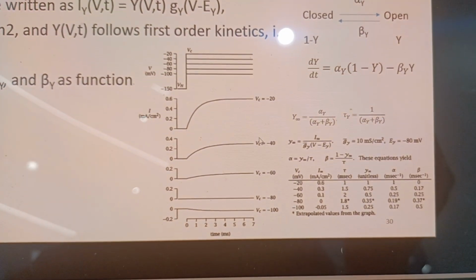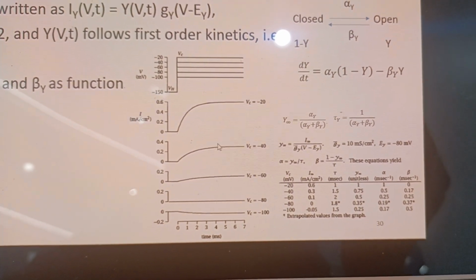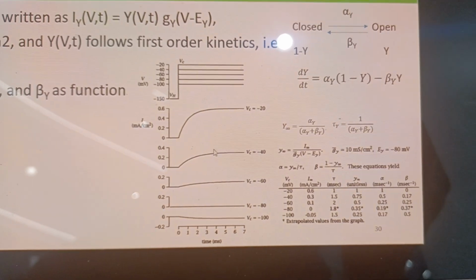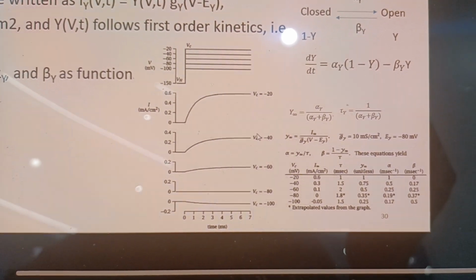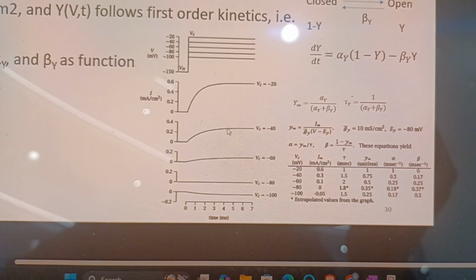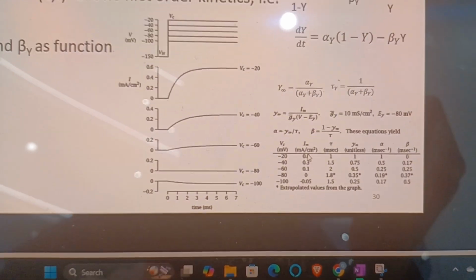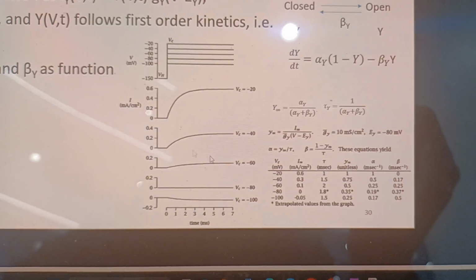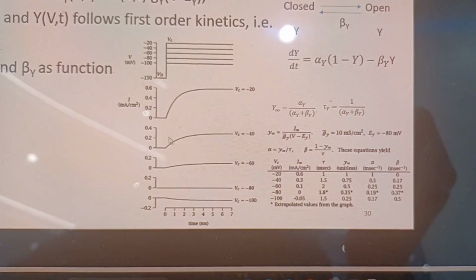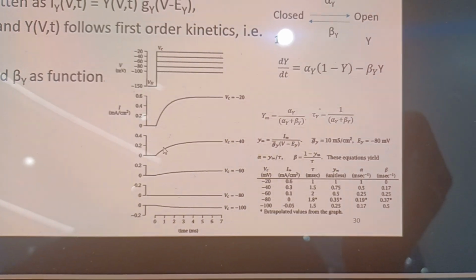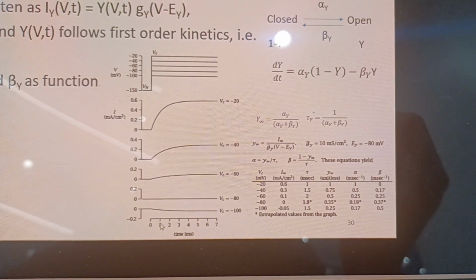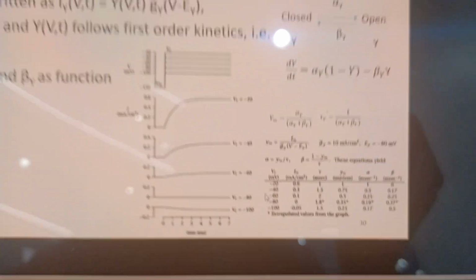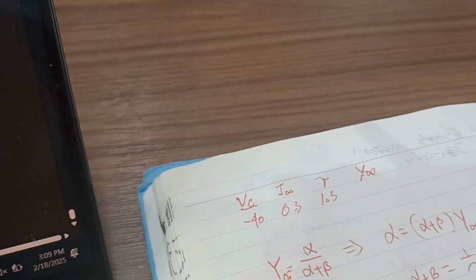At negative 40, we know the steady state current is maybe 0.3, which is shown here. And the time constant is maybe 1.5, because the 63%, so at 0.2, the time is 1.5. So we have these basic values, and we need to figure out y infinity.